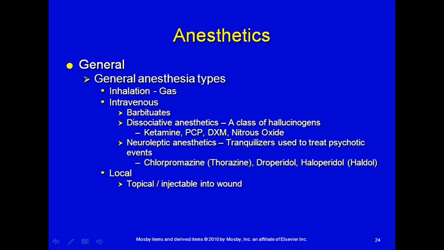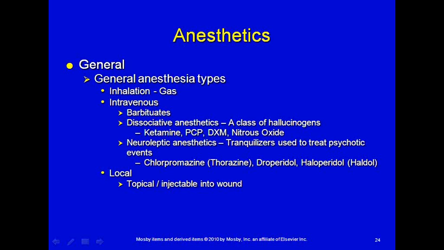Although nitrous oxide is a dissociative anesthetic, it isn't something we give IV. It's something that they inhale. Of that list of medications, we don't deal with PCP, angel dust. We might, depending on protocol, administer ketamine in place of etomidate for rapid sequence induction.